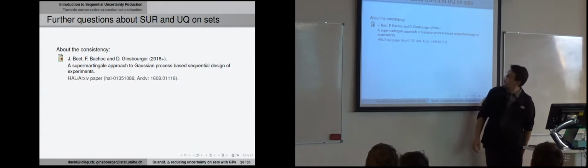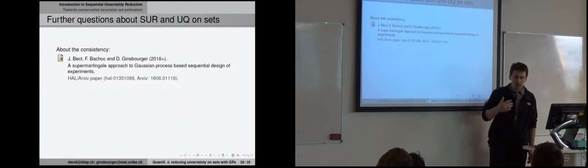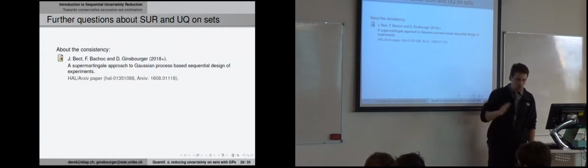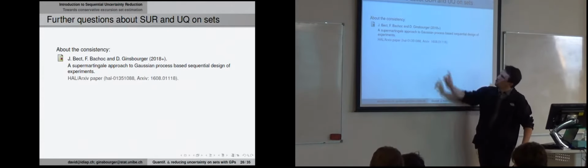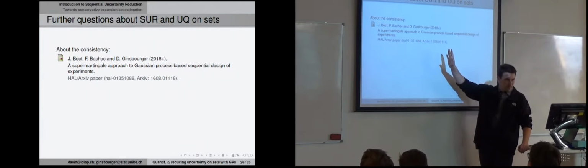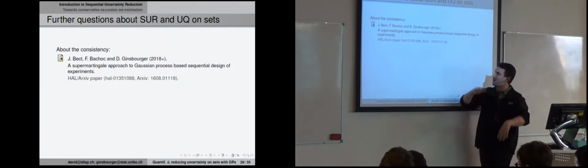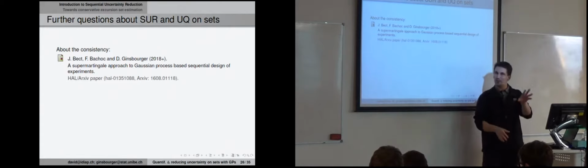So, this work started about 10 years ago, from my side at least. Some people had done work on similar related topics before, and it took us around 10 years to understand the theory. First we had the intuition that we could do something a little bit like expected improvement, but for this problem.